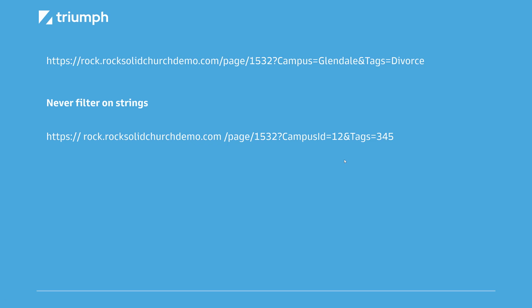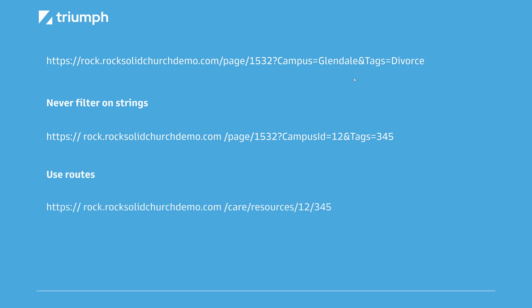Now you could make the case that whatever you're using to filter this, this Glendale was dynamically created on the previous screen, so therefore it's not going to change in the brief second that someone's using it. Still, not a best practice. Should always use either GUIDs or IDs or some other thing that is an identifier that does not change. Okay, so just a quick side topic to do that.